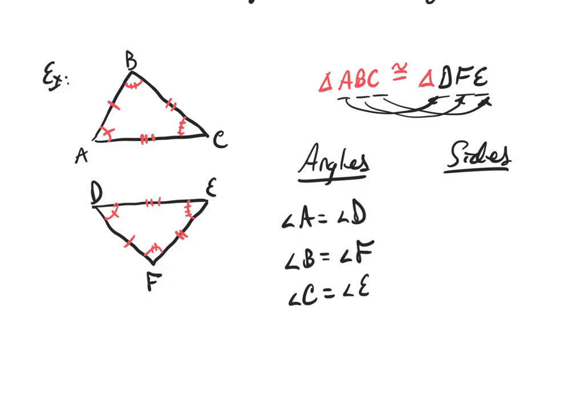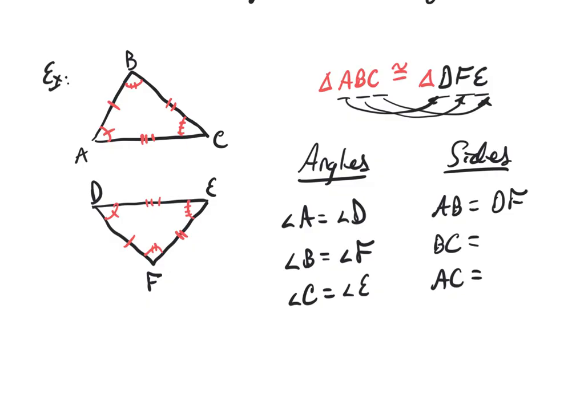Also, of course, you could label which sides are equal. So if I gave you the 3 sides for the top triangle, you can clearly see by the tick marks which sides are going to be corresponding. They're going to be the sides that are equal. AB has 1 tick mark, DF has 1 tick mark, so those are equal and they're called corresponding.